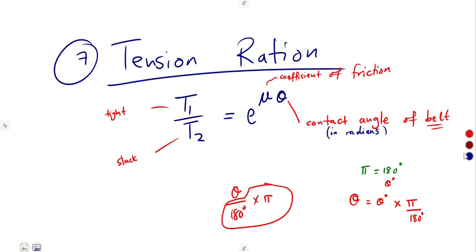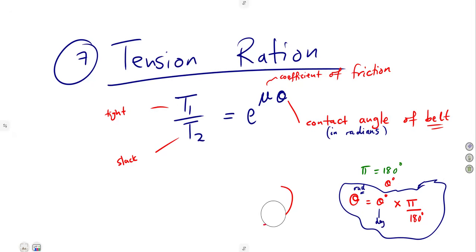You can use this conversion straightforward. It gives us theta in radians, from degrees. Or you can just use pi is 180 degrees. Any conversion that you want.